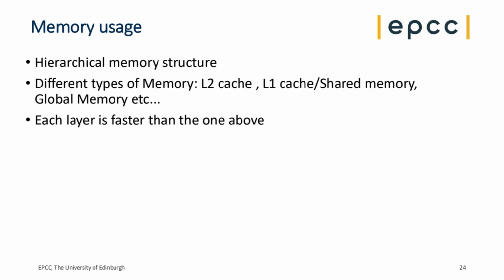But then within that, at a lower level, you may have an L2 cache, and I think on the AMD MI210, you have an L2 cache that's accessible to all of the compute units, all of the threads running across all of the compute units. And then you have a level 1 cache or shared memory that is local to each compute unit. So each layer is faster than the one above, with global memory being at the top.